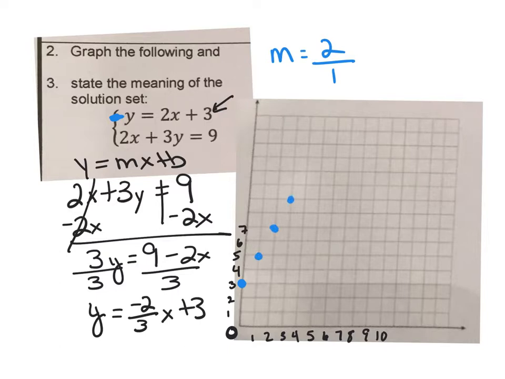And I recommend going through the entire graph for this because we don't know where these two are going to connect. Okay, and then we will make a line for this. So the line is going to go pretty much right there. Okay, and then always put an arrow at the end because the line continues.